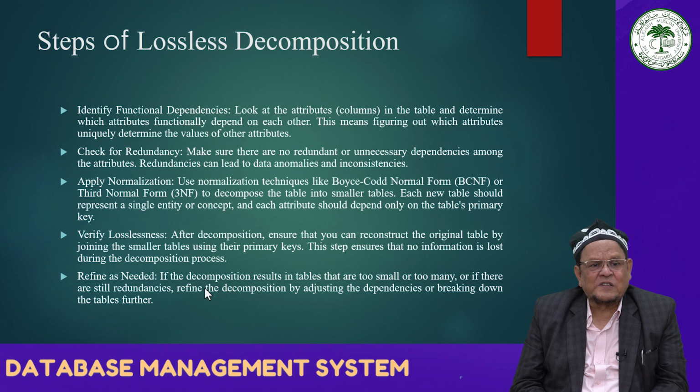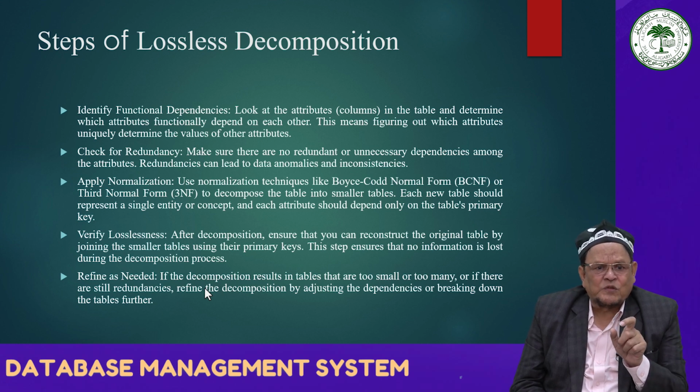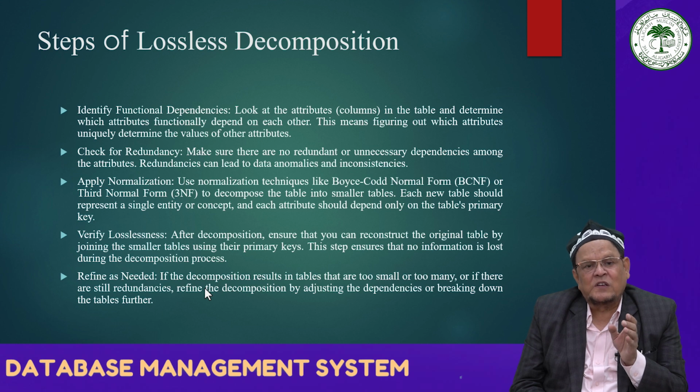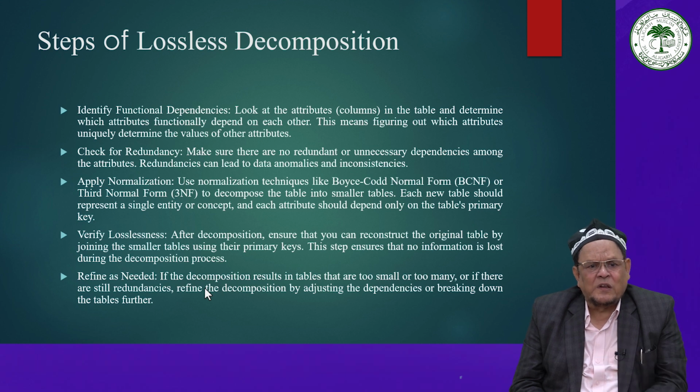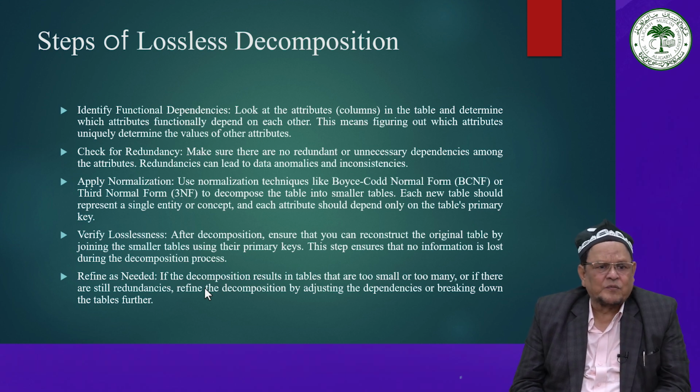So first I will explain: identify functional dependencies. It means look at the attributes or the columns in the table. Determine which attributes functionally depend on each other. This means figuring out which attributes uniquely determine the value of other attributes.